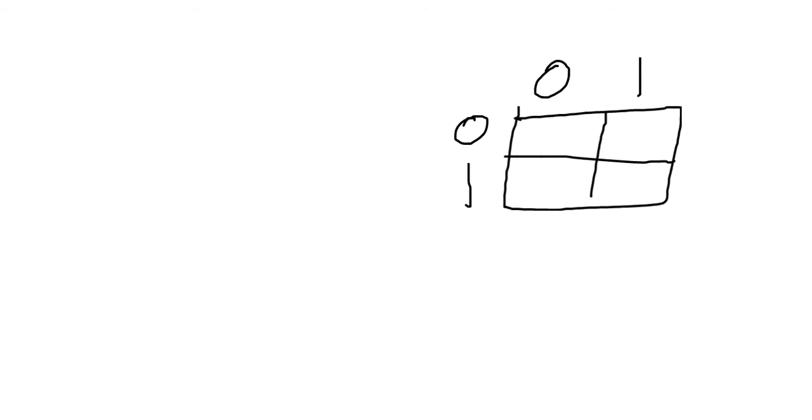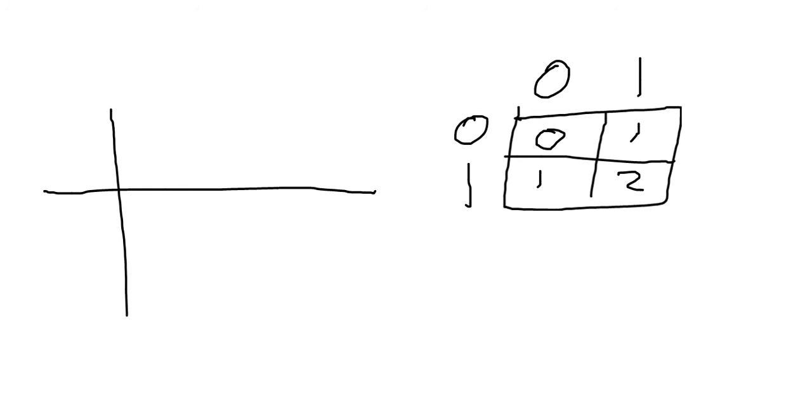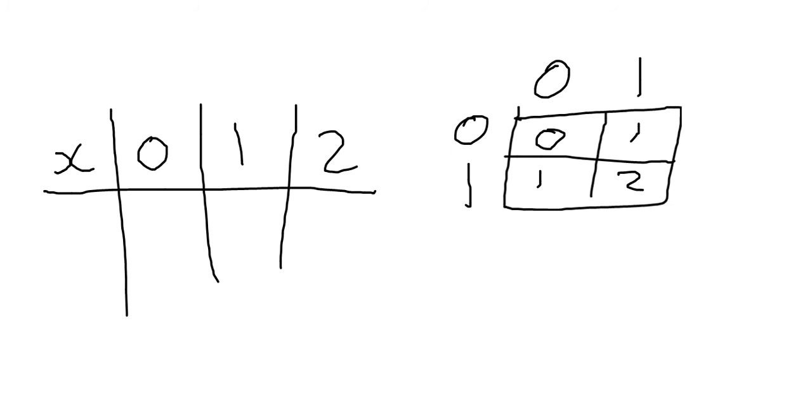So the option where we have 2 zeros is a 0, a 0 and a 1 is a 1, a 0 and a 1 is 1, a 1 and a 1 is a 2. So we look at this and we can see the probability distribution table. We have x is our outcome. We have 3 options. We could get a 0, a 1, or a 2.